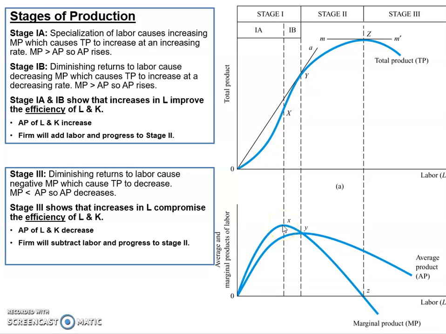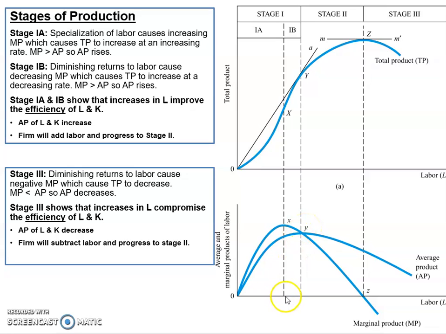And we're seeing the total product increase, but you'll notice it starts to increase at a decreasing rate. Another way of putting it, the slope is only getting steeper during 1A, but the slope starts to flatten a bit when we go through 1B. Another way of putting it is the marginal product in 1B starts to drop.